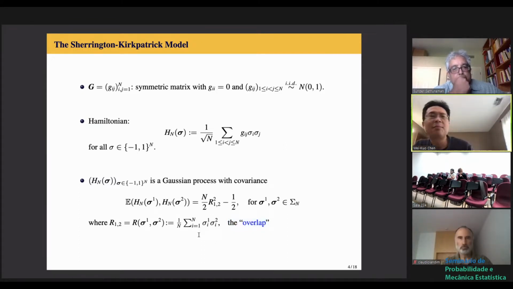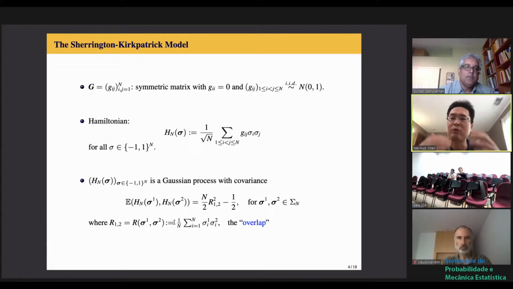There might be some other quantities. For the SK model, the most important quantity is the overlap. But if you are talking about other models where the interaction is not as good as a complete graph, you might have something like an Erdős–Rényi graph. That would be the so-called diluted spin glass model. In that case, the important parameter is no longer the overlap.